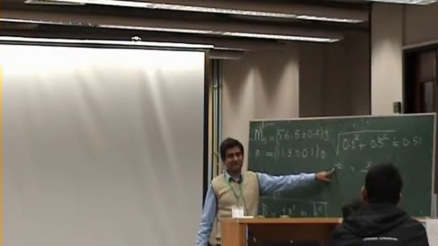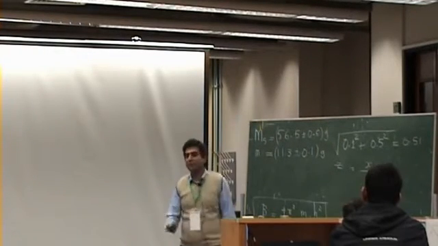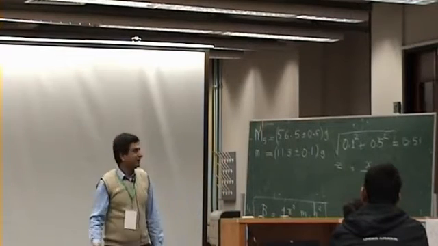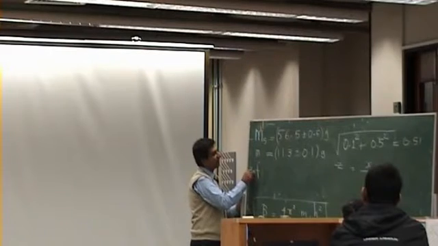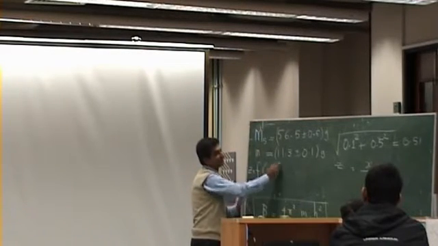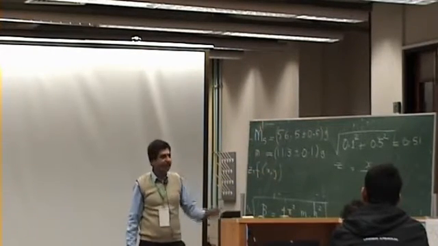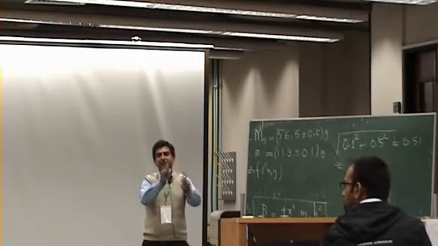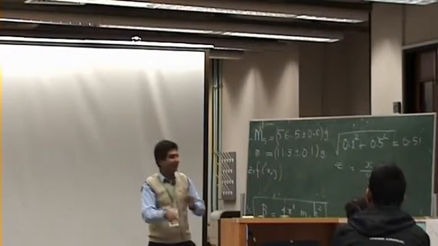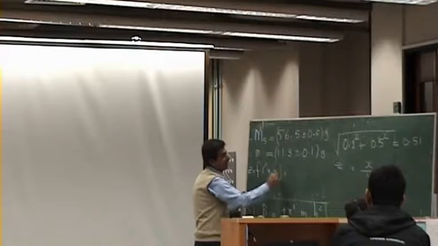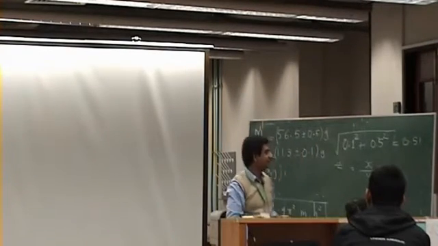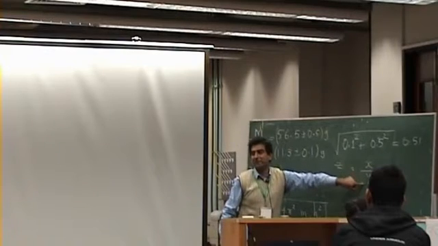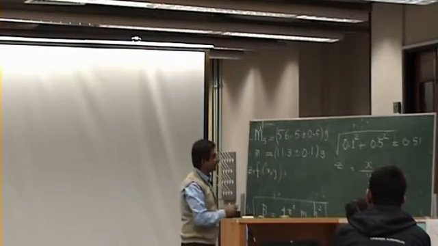uncertain. So the formula that we use is the Taylor expansion, which means that if I have z, which is a function of x and y, say z is a function of two variables, x and y. I want to find, for example, z equals x over y. One example.